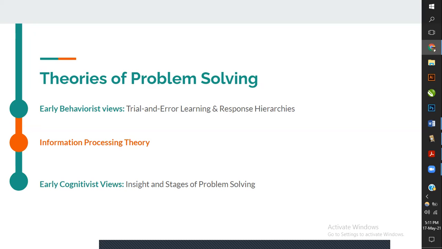Now, the cognitive factors affecting our success in problem solving.